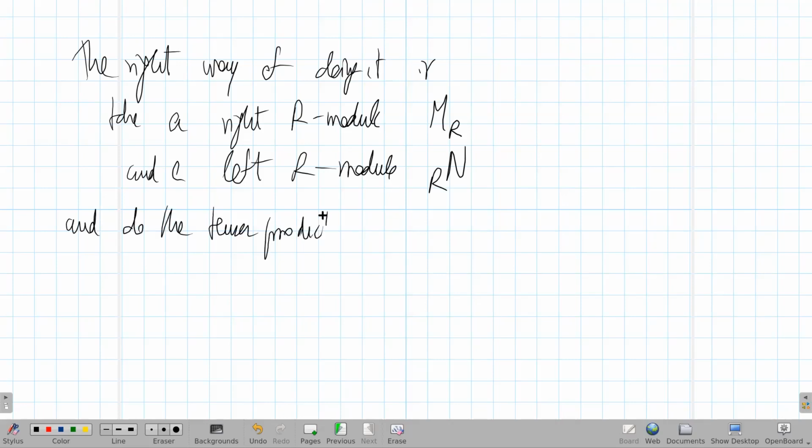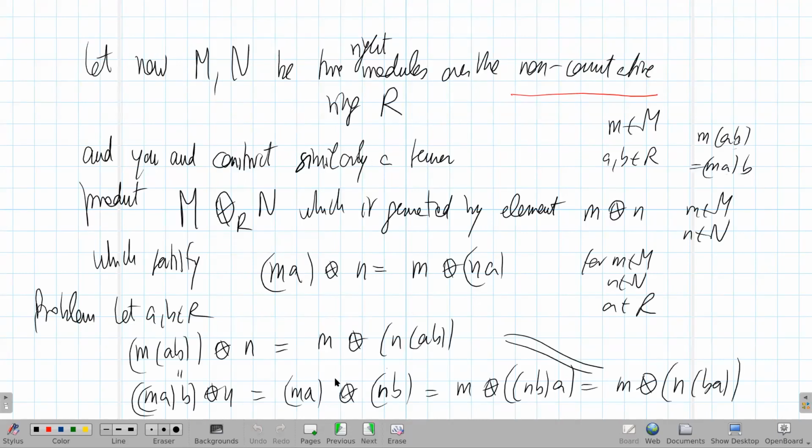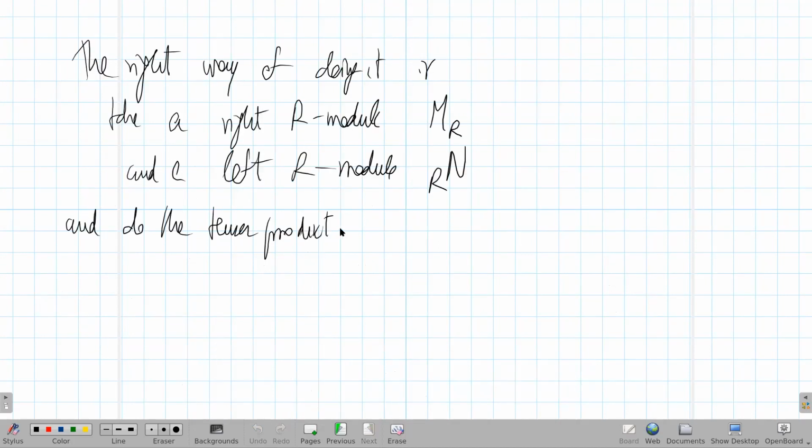I'm not going into the details of how you construct this. It's similar to vector spaces. The problem is that we want to make sense of this, which you cannot do if you take two right modules, okay? And do the tensor product of the two modules.